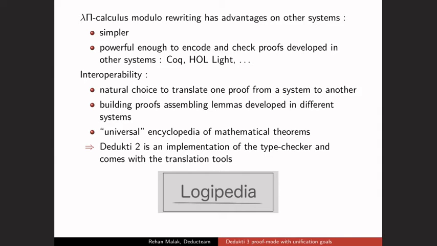But it also opens the possibility to build proofs by assembling lemmas coming from different libraries, from other systems. We can even imagine an encyclopedia of mathematical proofs which can be exported in an arbitrary system on demand. And this is precisely what the Logipedia project is trying to achieve. So currently, Dedukti 2 is an implementation of the type checker and comes with the translation tools.